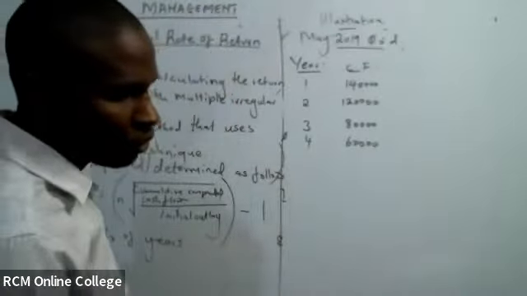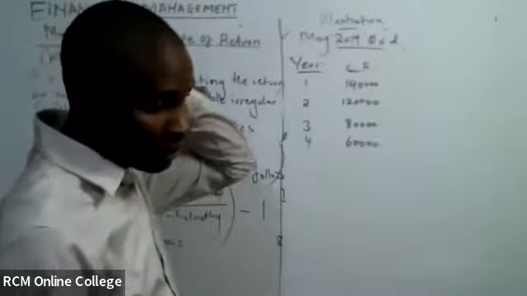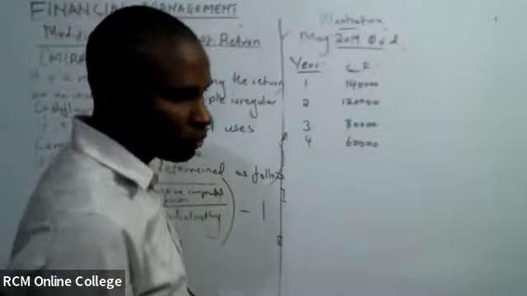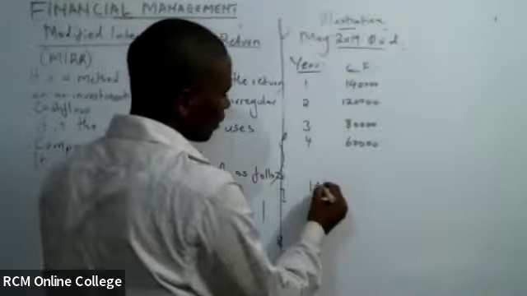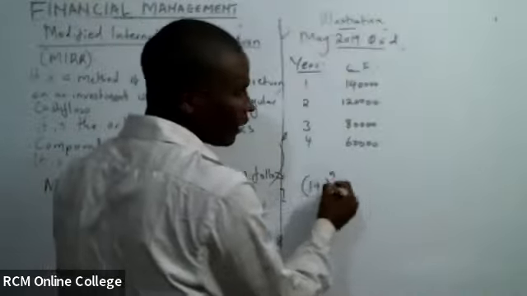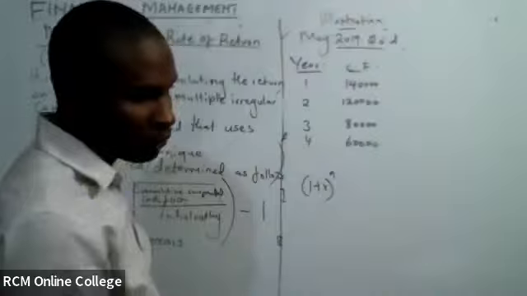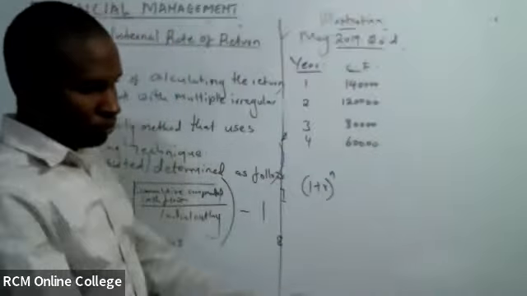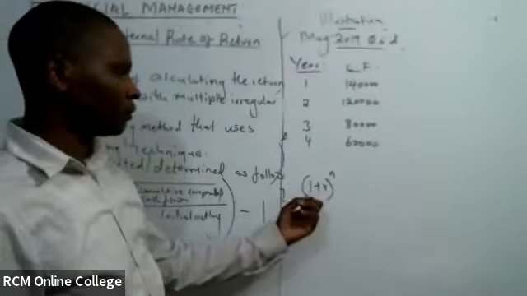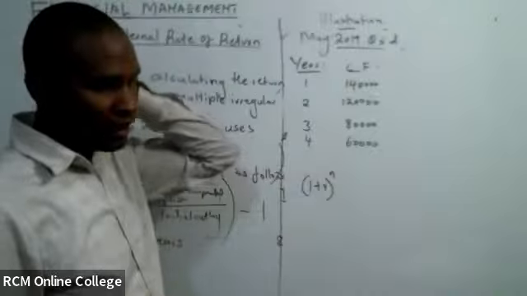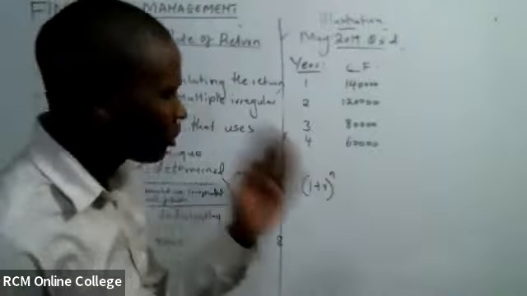Compounding is simple; we are trying to get the future value. So we compound by 1 plus R raised to N. N does not have a negative sign because we're getting the future value.